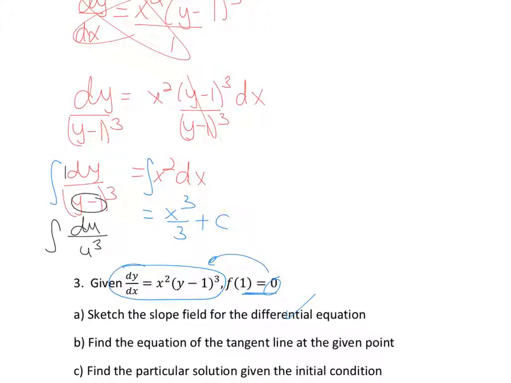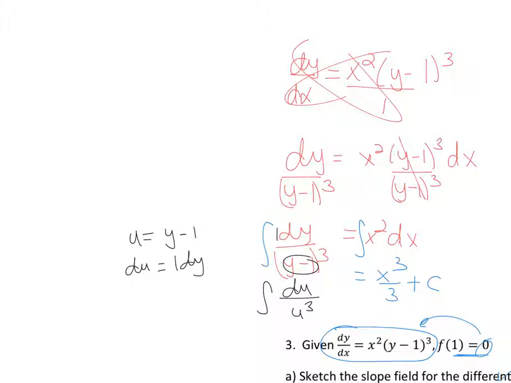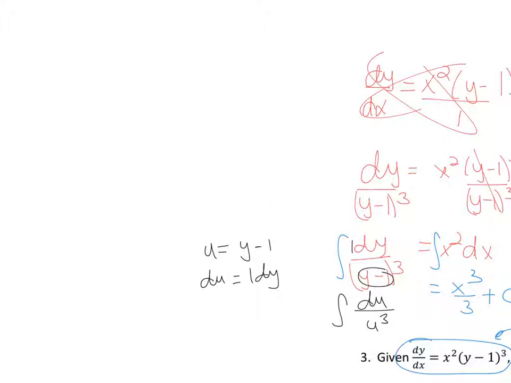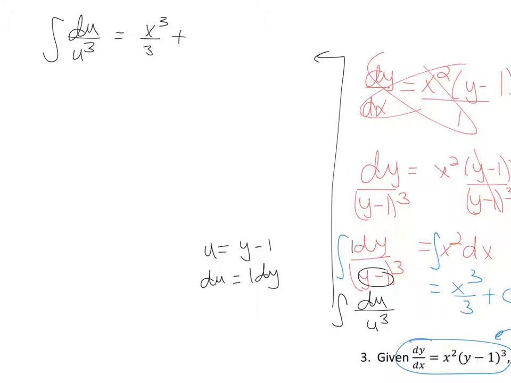I'm going to give myself some more room actually, so I'll bring that up over here. I have the integral of du over u to the third equals, this side's already integrated, x cubed over 3 plus c. And I'm going to bring this up to the top to make it u to the negative third so that I can integrate it.